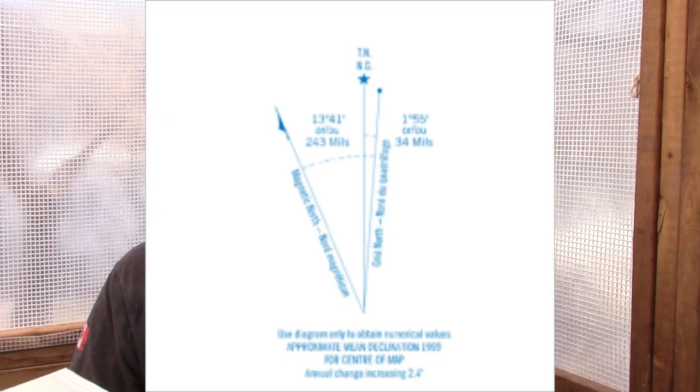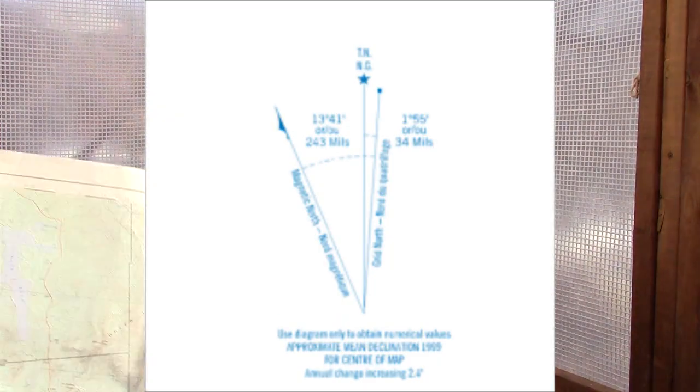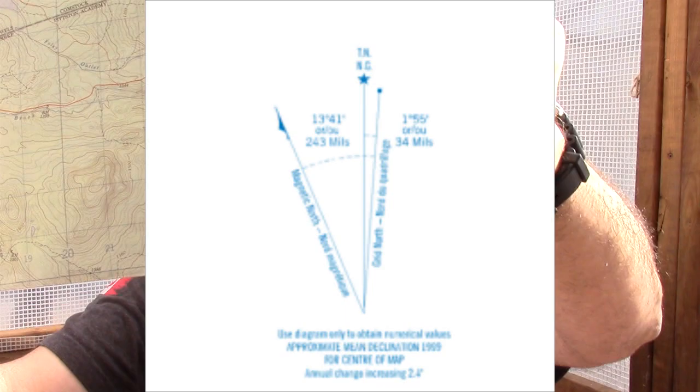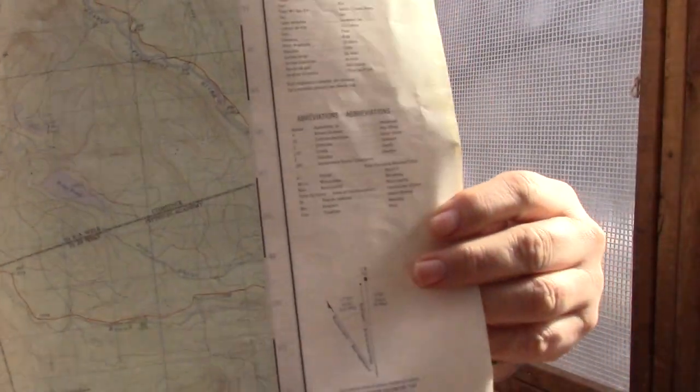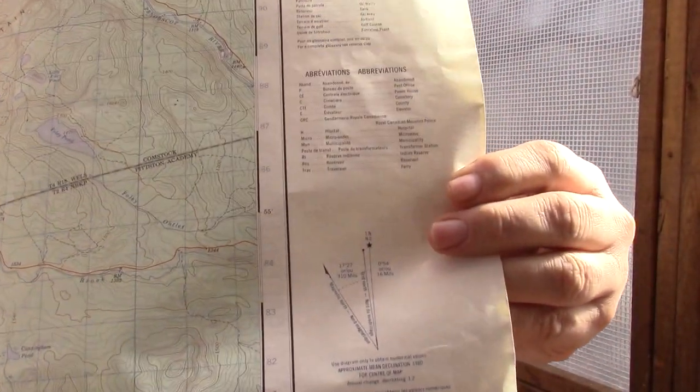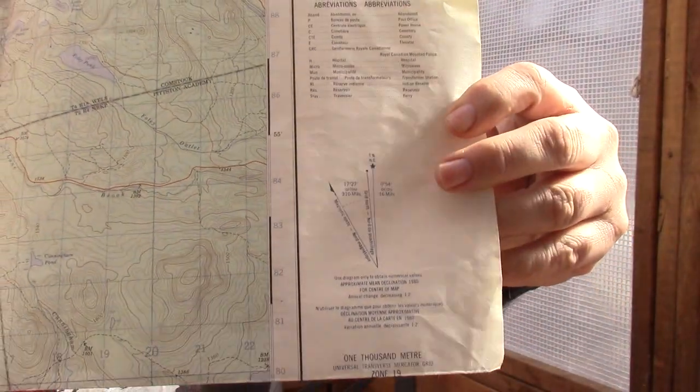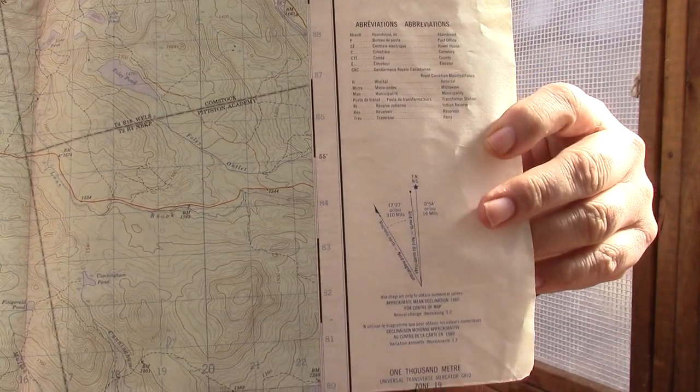Okay, basically we have here a symbol, a representation of the three norths, right here. I have difficulty seeing on my screen, but basically we've got the three norths represented here for this map in particular.